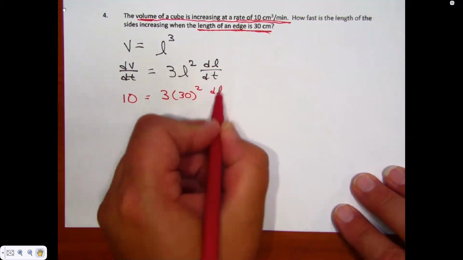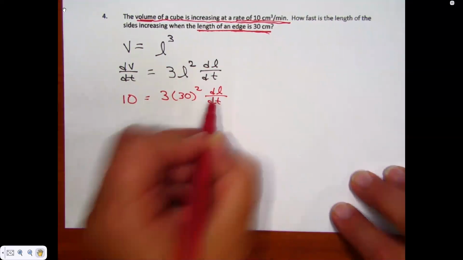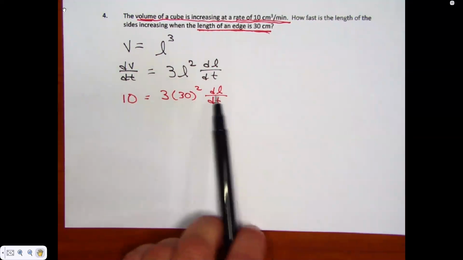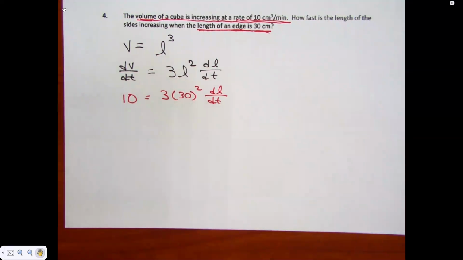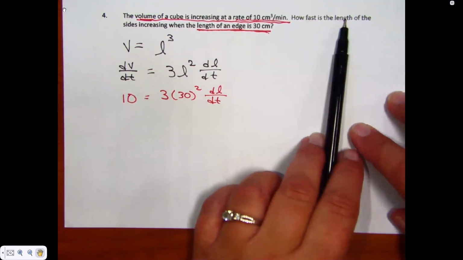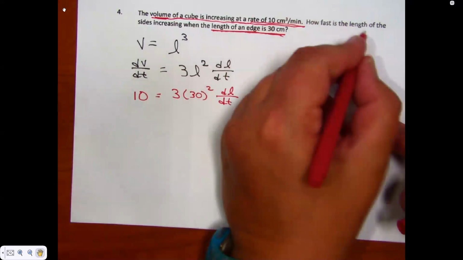So hopefully, is it asking something? Don't even look at the question. If my dL/dt is my variable, and that's what I'm solving for, what is that standing for? The rate of the length. The rate of the length. So is it asking for something? How fast is the length? There it is. How fast is the length?